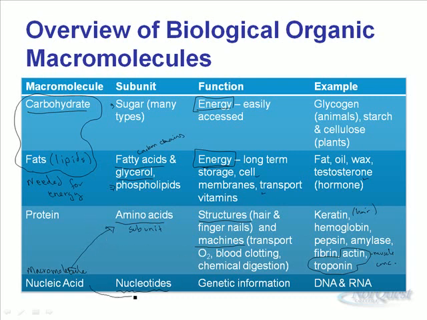In terms of nucleic acid, this is our DNA and RNA, or our genetic information. So a much different role from proteins and a much different role from fats and carbohydrates. So those are the four major molecules in our body. Each one has a specific task or a specific role.